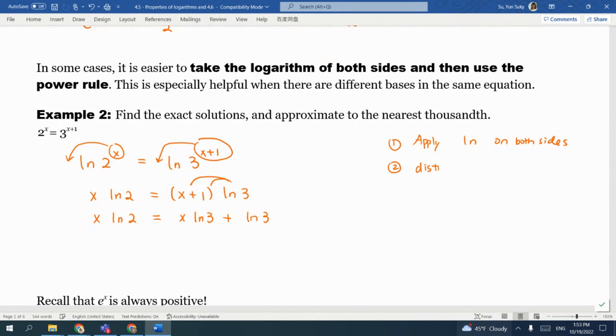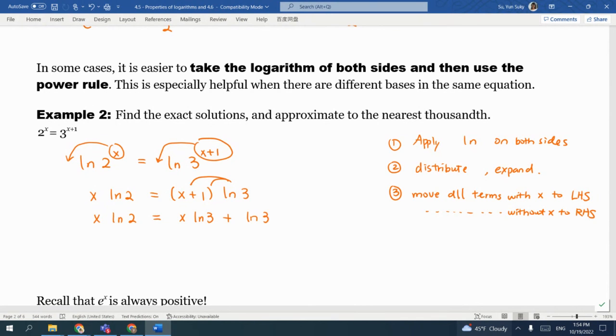Step 2, we distribute, or you can say we expand. Step 3, we move all the terms with x to the left-hand side and move all the terms without x to the right-hand side.